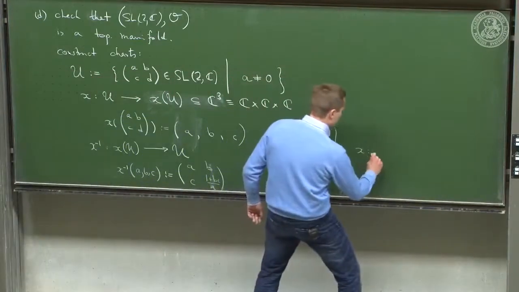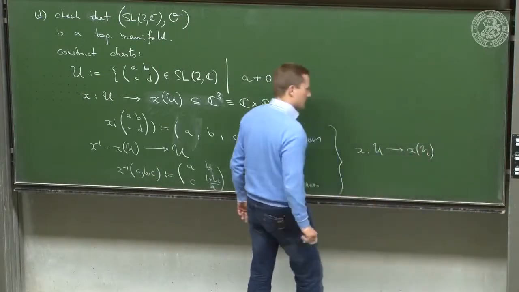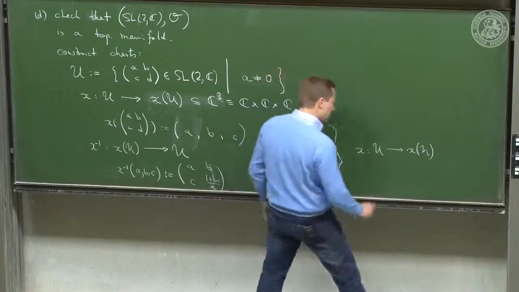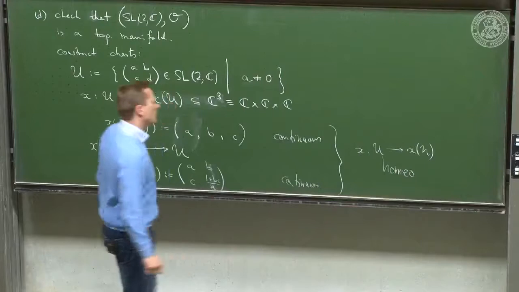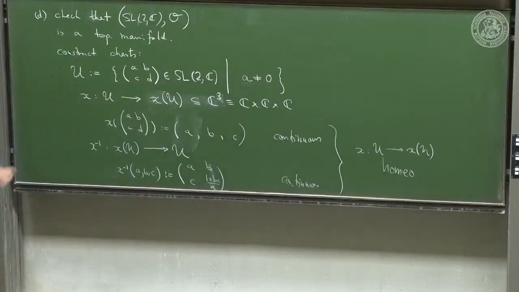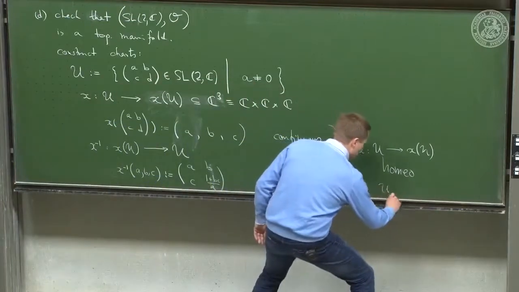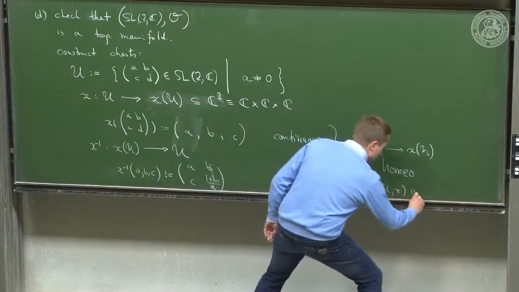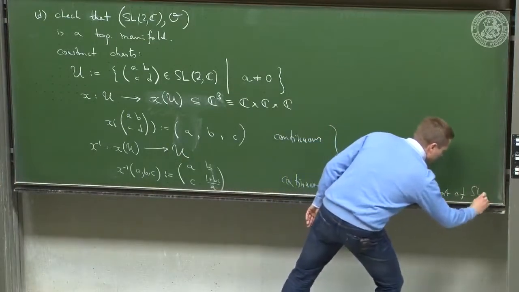That means X from the chart domain U into the image in the chart is a homeo. So this is a local homeomorphism of SL2C. This guy is a homeo. In fact, it is a chart. That is, U with X is a chart of SL2C.